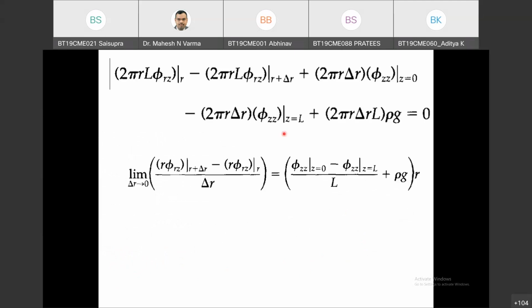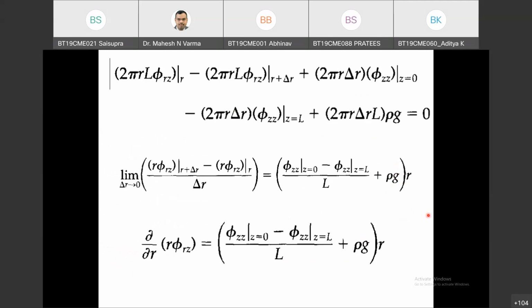Multiply it by minus 1, rearrange the equation, take this rho G to this side, and then substitute the definition of phi rz and phi zz.